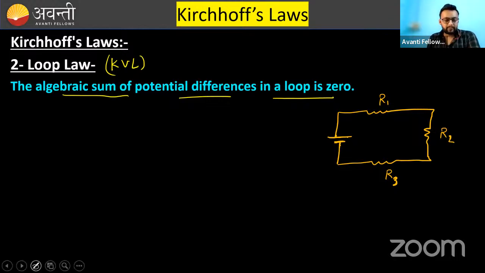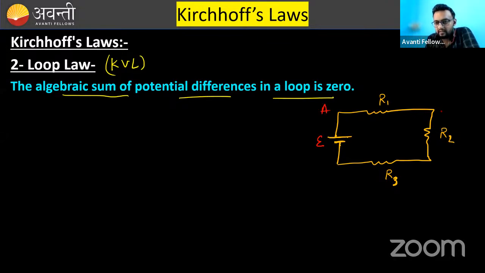Okay, listen. Let's suppose this EMF is E. The statement says the algebraic sum of potential difference in a loop is zero. What you need to do is select a loop. This is a loop. The loop is something which starts and ends at the same point.